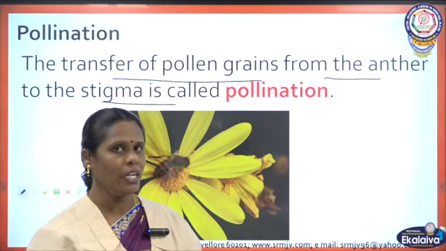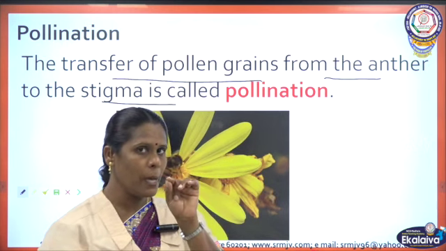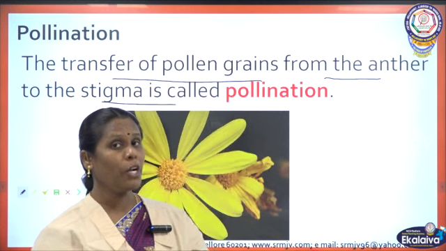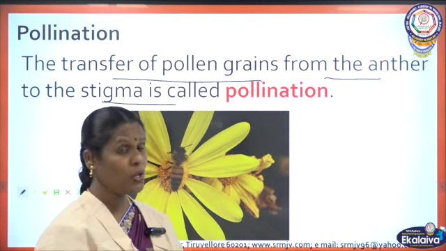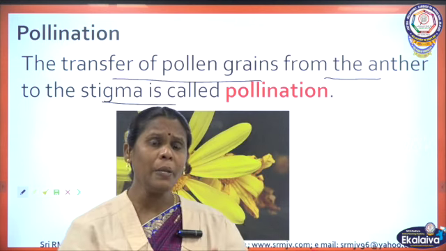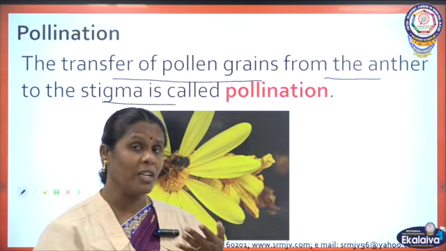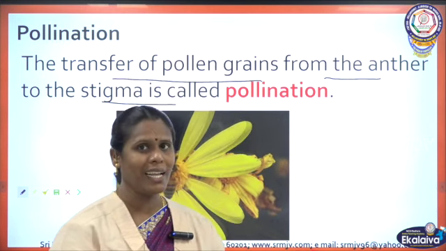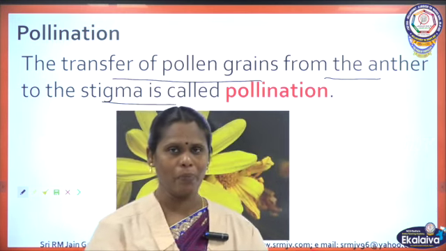Anther is the male reproductive part, and the stigma is the female reproductive part. Usually the pollen grains cannot enter directly into the stigma.